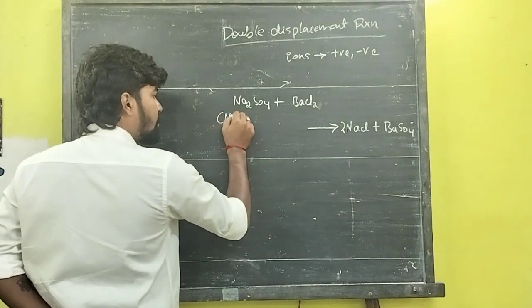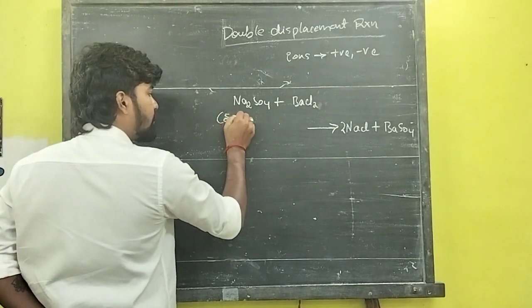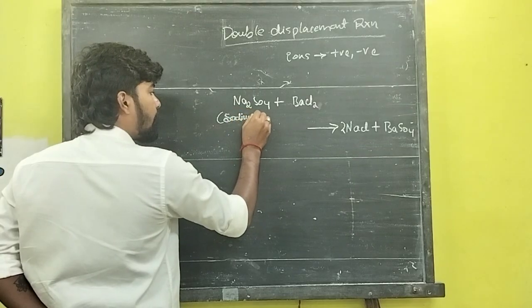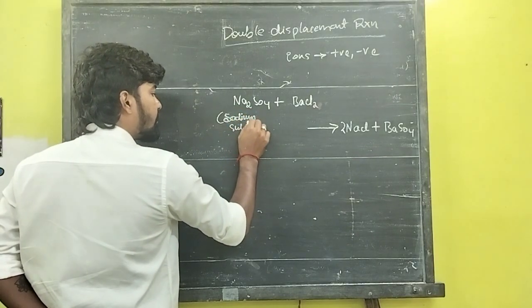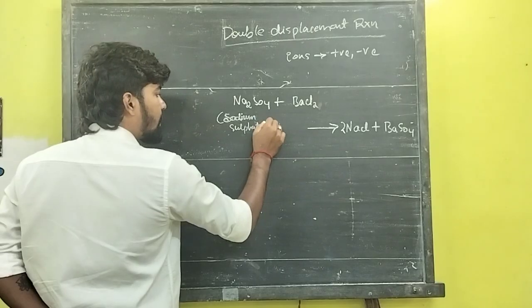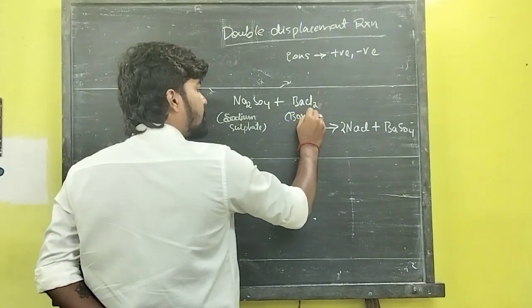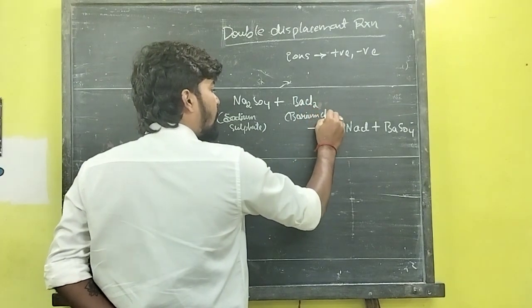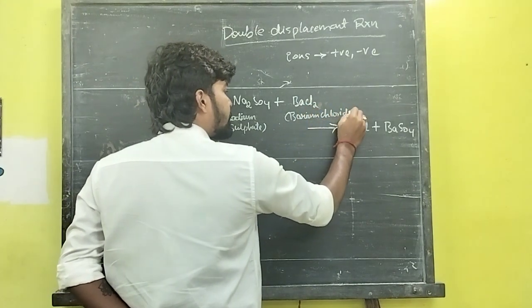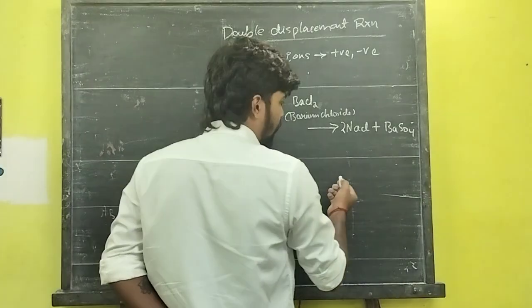Now remember, what is Na2SO4? It is sodium sulfate. Now what is BaCl2? It is barium chloride. What is NaCl? Come on guys, you know this.